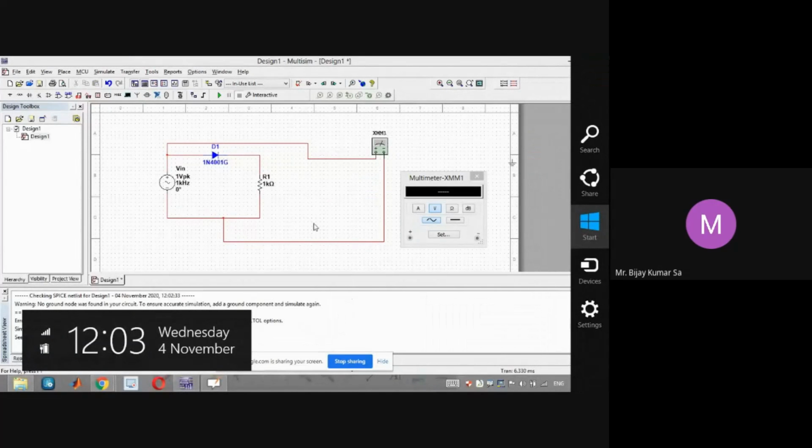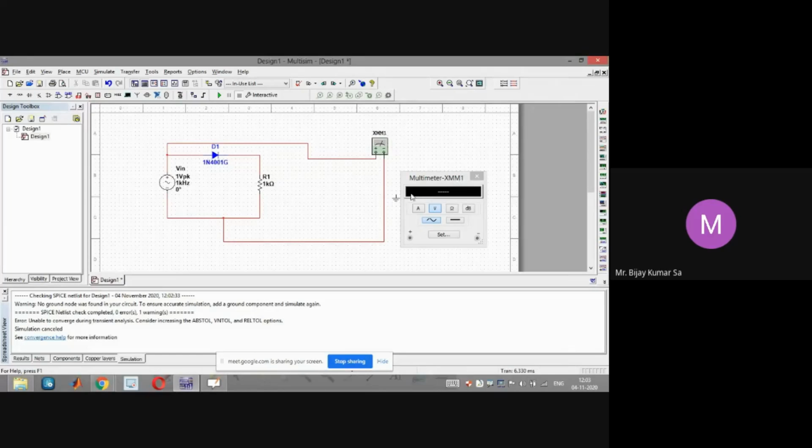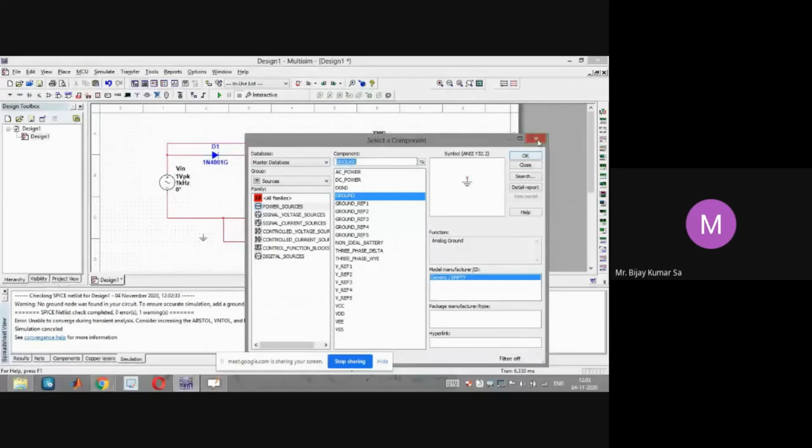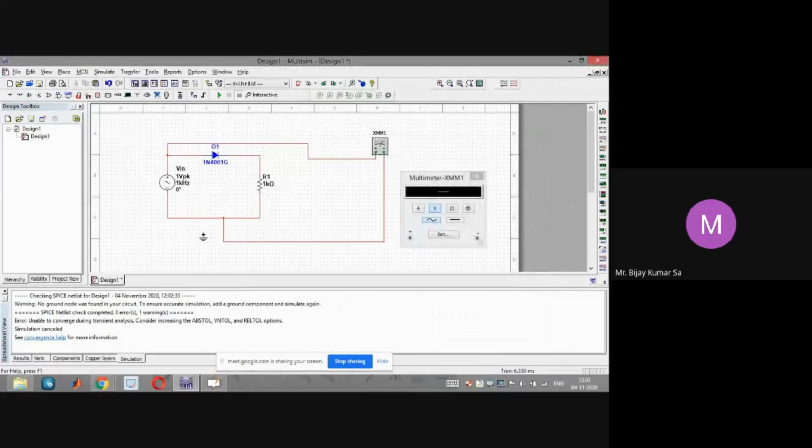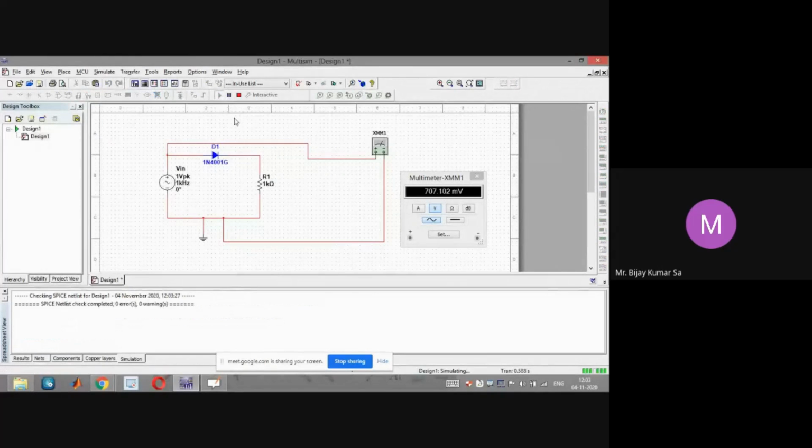So I should connect a ground reference. Okay. So this is our reference ground for the source and for the output to be observed. Okay, I'm running the program.